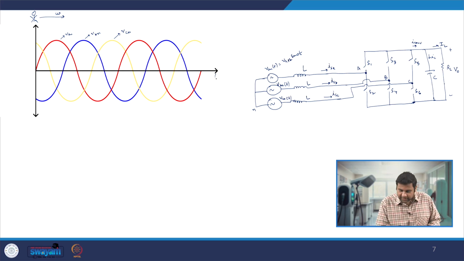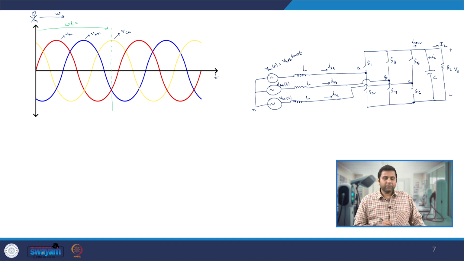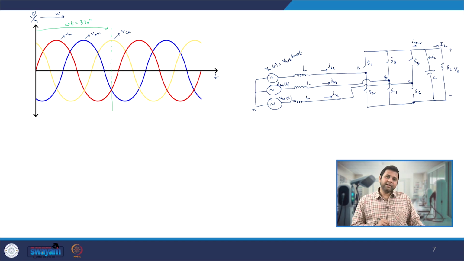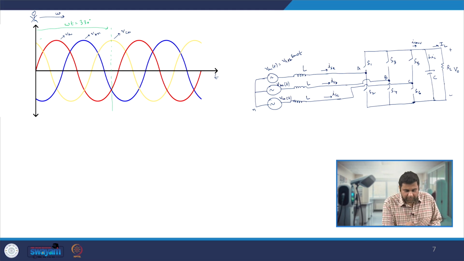So at this point, you have moved from here to here in omega t equal to 210 plus 120, which is nearly 330 degrees. Now at 330 degrees, what is happening? From the C phase you are applying Vs peak voltage, and from the A and B phases you are applying minus Vs peak by 2.